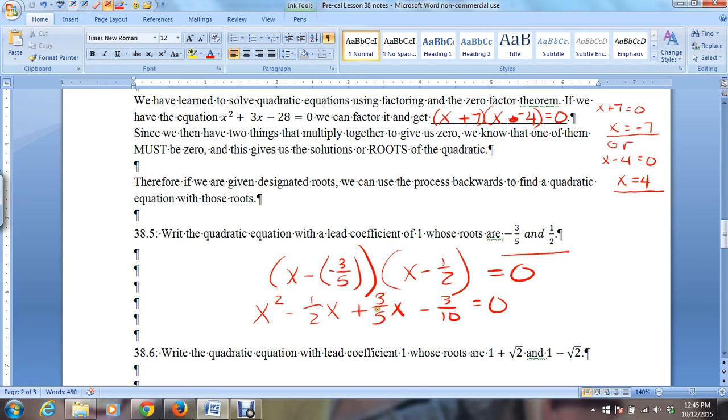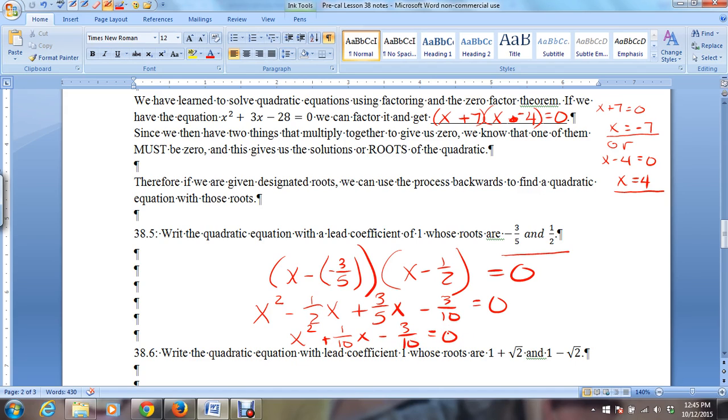I've got negative 5/10 plus 6/10, which gives me positive 1/10 for my x term, and I've still got my x squared, minus 3/10 equals 0.